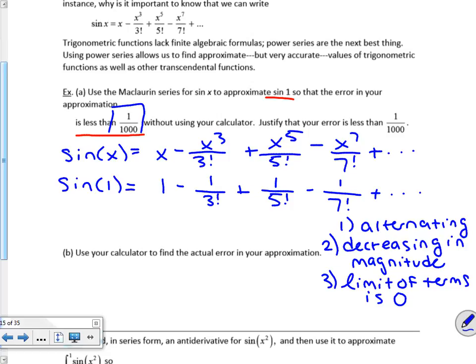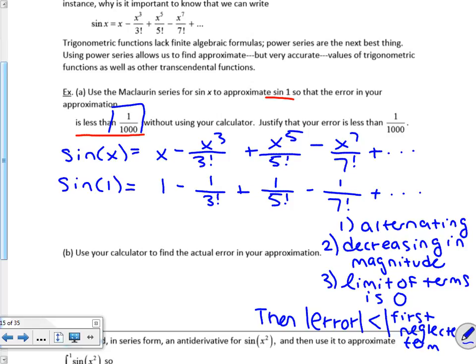If we can say all of these things about the series, then it is given that our error, the error of our approximation, will be less than the absolute value of the first neglected term. And you're like, what is that? Neglected term. Oh, sorry.